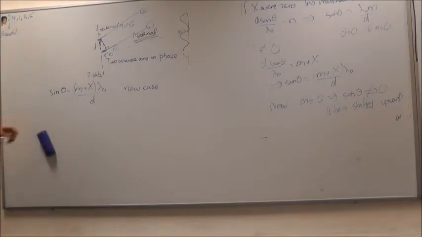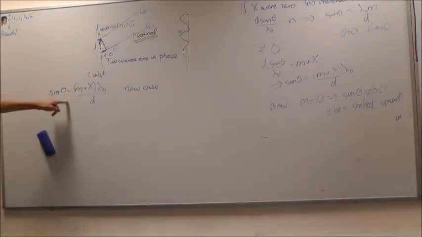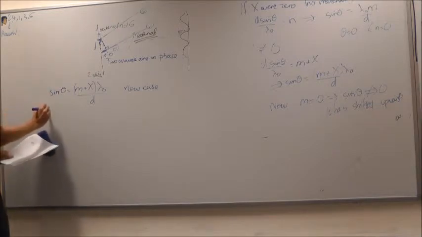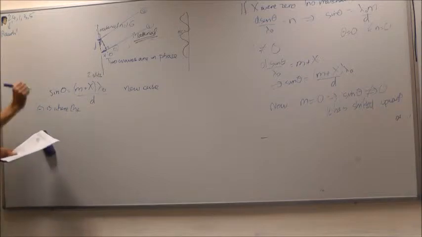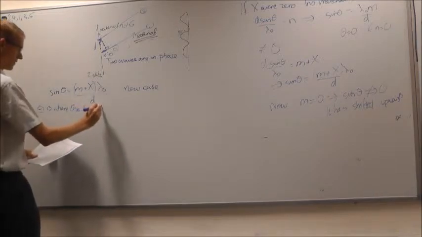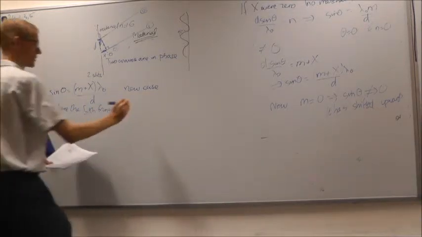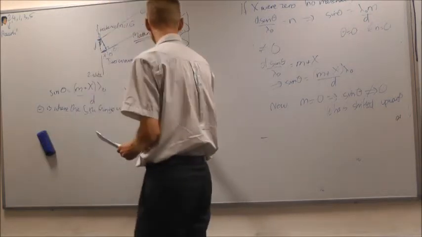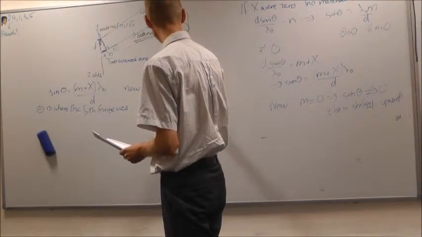Now what we're told is that theta is where the fifth fringe would be. So where it was would be sine theta equals m lambda over d, where m is 5.